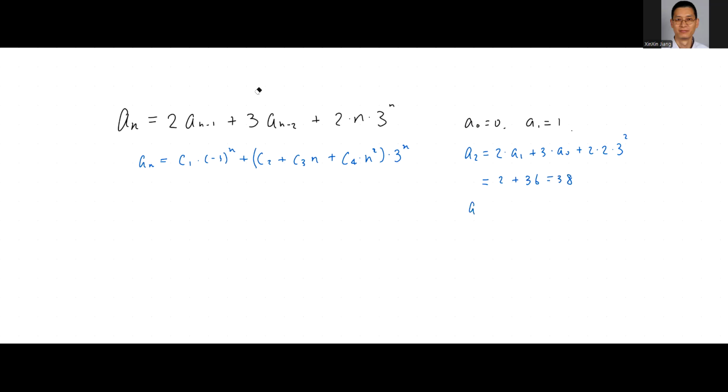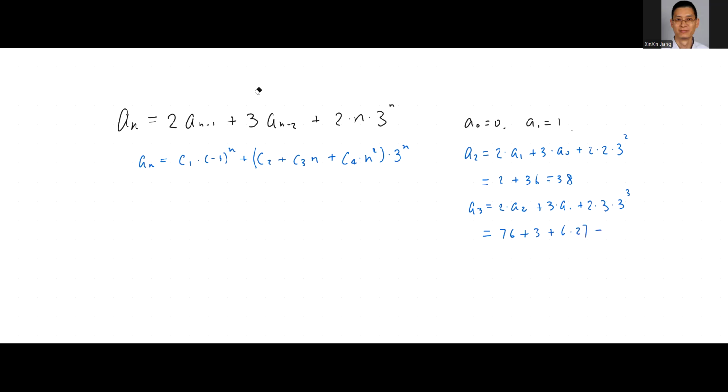A3 equals 2 times A2 plus 3 times A1 plus 2 times n, where n equals 3, and 3 to the third, okay? That equals 2 times A2, which is 76, plus 3 times A1, A1 is 1, so that's 3, plus 6 times 3 to the third, which is 27.